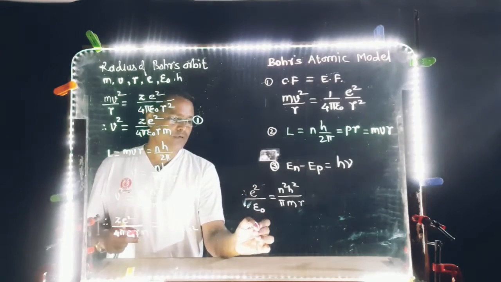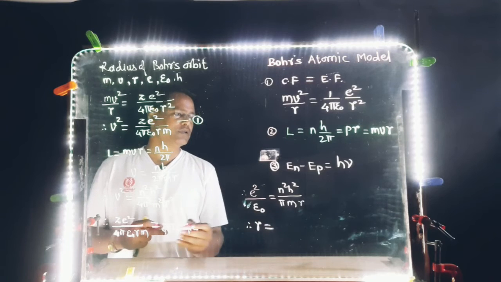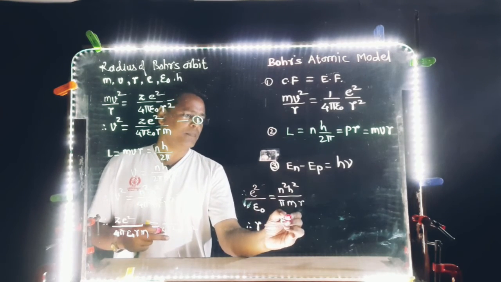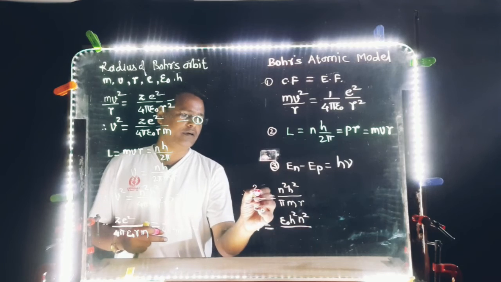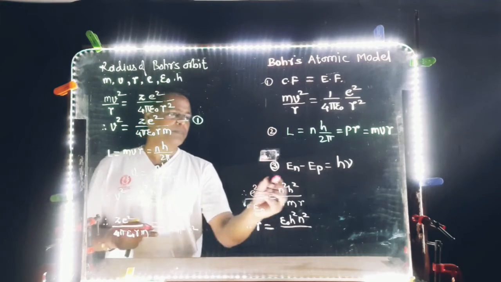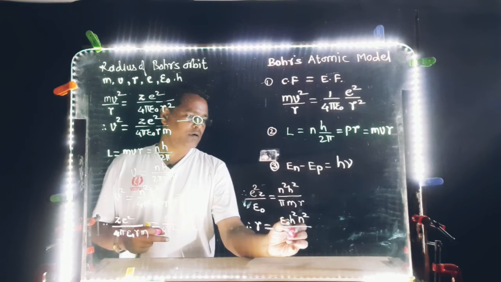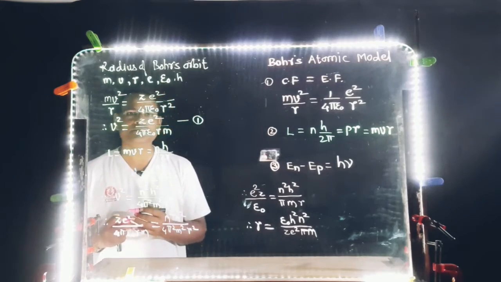So therefore, radius of electron in Bohr's orbit is equal to, r is equal to this epsilon naught h square n square divided by, here it must be z again, here it is z e square pi and m.